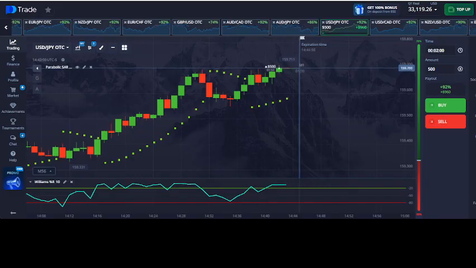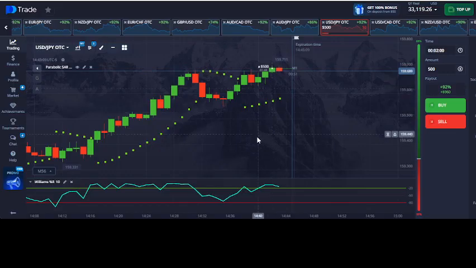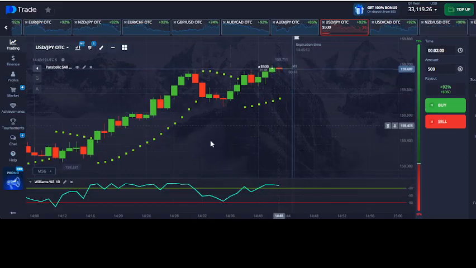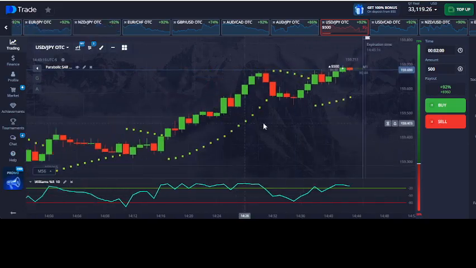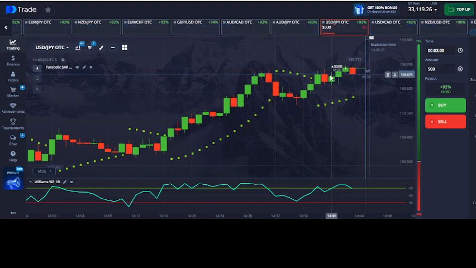Okay, so I'm on the US dollar Japanese yen currency pair, and I just took a buy trade here. The reason why I took the buy trade is, first of all, there is a bullish price action. If we look at the price action of the currency here, it's showing a bullish trend to the upside from bottom left to top right.